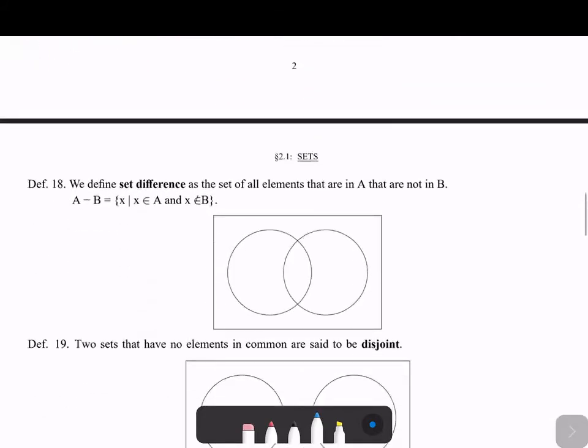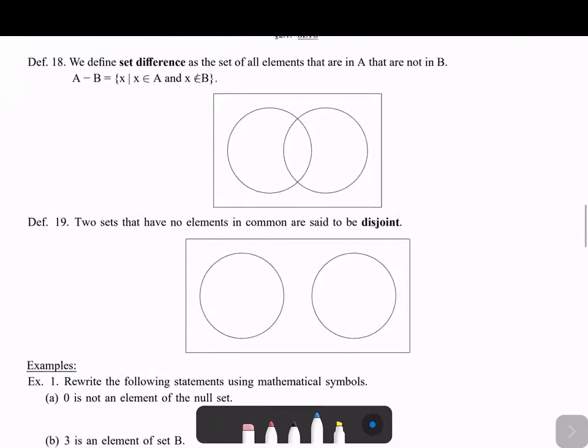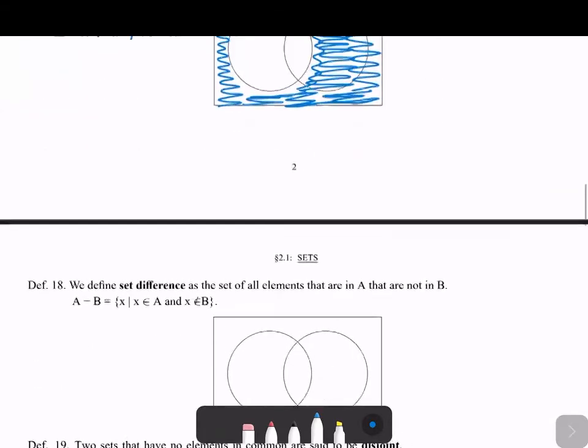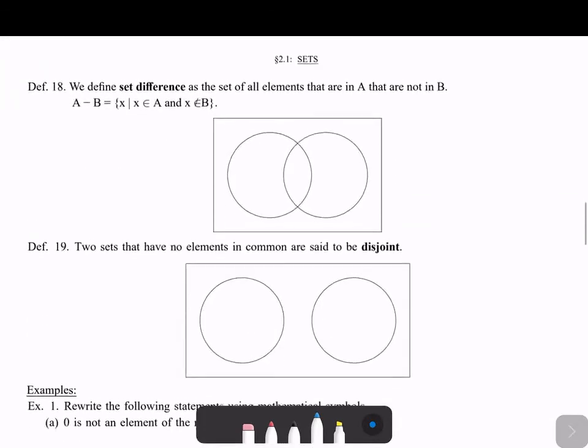So the next operation that we have is set difference. This one is the set of all the elements in A that are not in B. So this is that minus that I just wrote for U minus A. We're going to actually explain what that means right here.